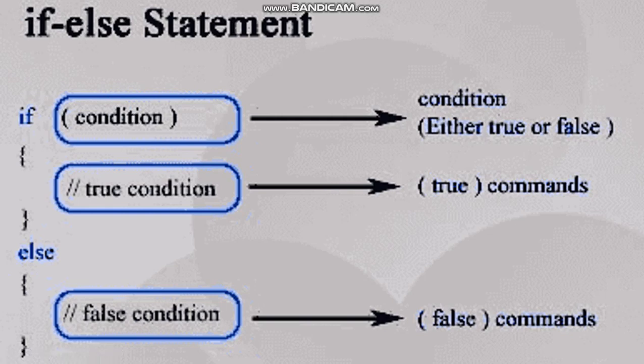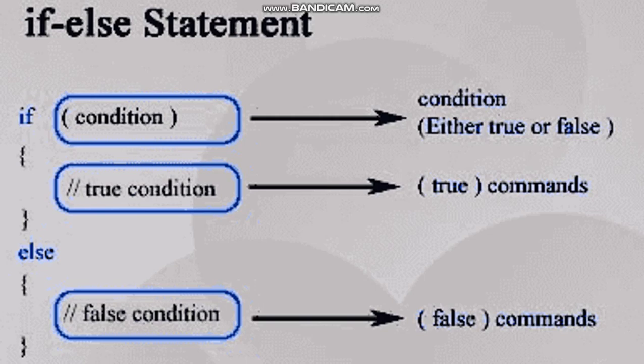Suppose there are two variables, a and b. I say if a is equal to b, then add 5 to variable b.